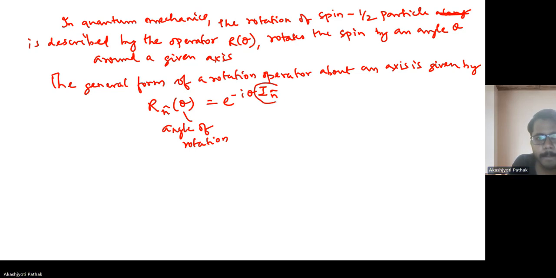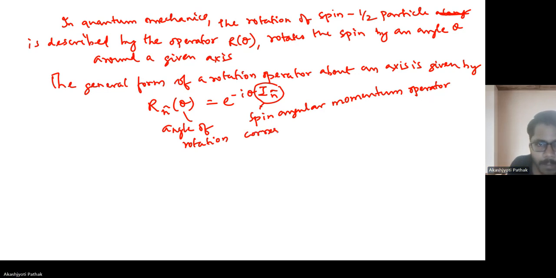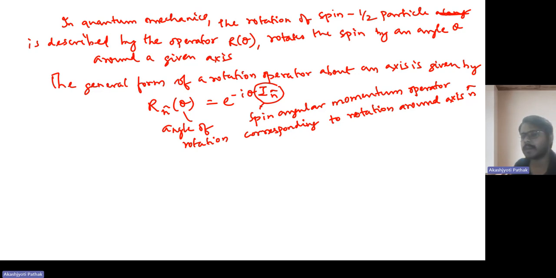This is the spin angular momentum operator corresponding to the rotation around the axis n. And it can be an axis X, Y, or Z.